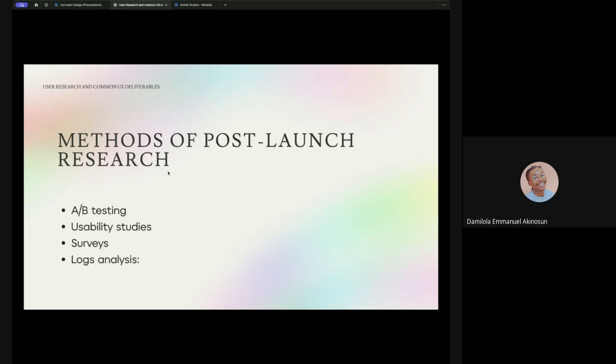All right. And then there's the logs analysis. Basically, this is a method that UX researchers can use to evaluate the recordings of users while they interact with your design or tools. For anyone who's very tech savvy here, there's something called the log or console in Google Chrome, where if you go to inspect mode, you would see possible errors and the code that is making your site work, right?